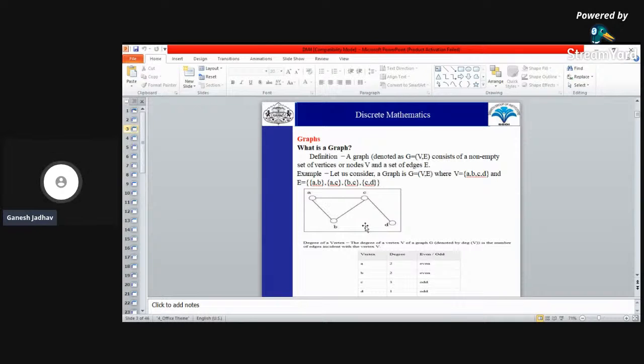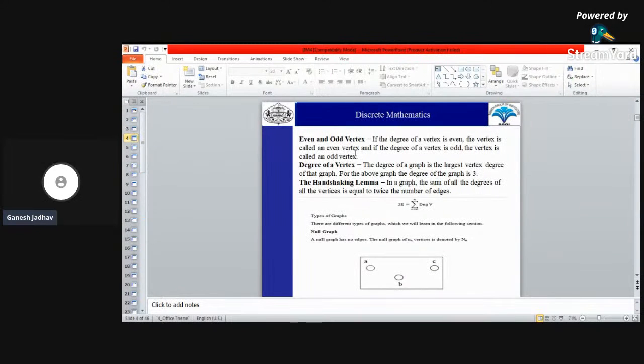Then another one is even and odd vertex. So what is an even vertex and what is an odd vertex? If the degree of a vertex is even, the vertex is called an even vertex.